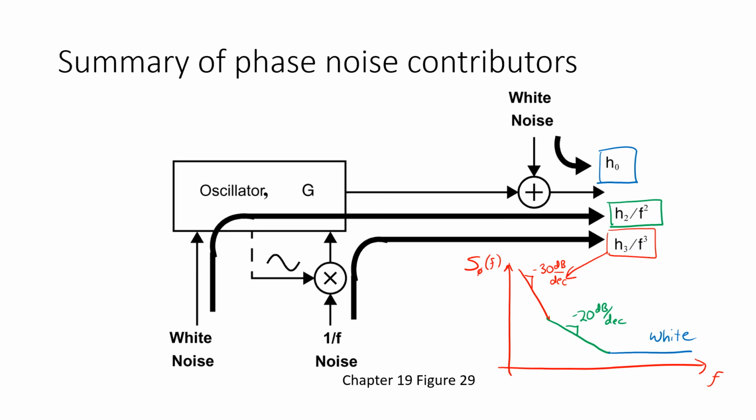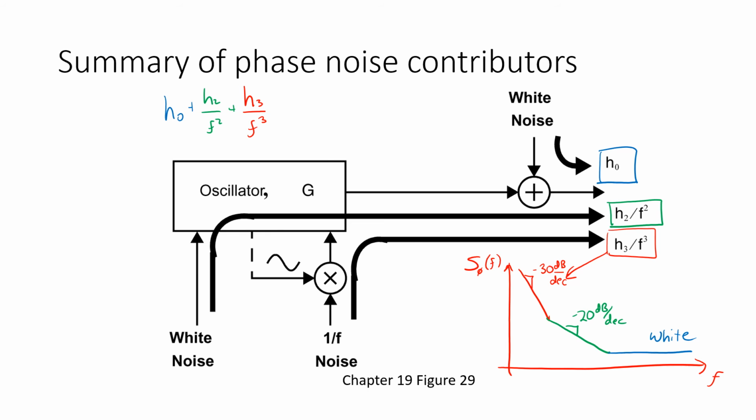So we can basically write out a general expression that captures the phase noise of integrated circuit oscillators with these three dominant terms. And finally, we've got the H3 term here.